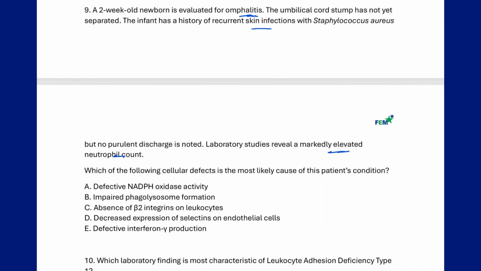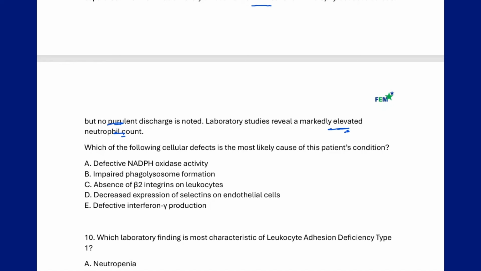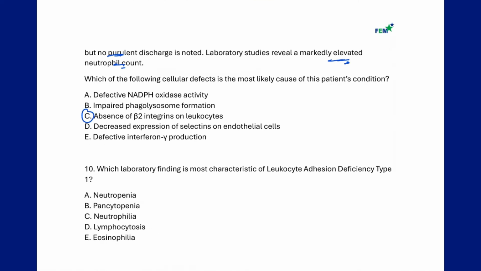So delayed separation of the umbilical cord or inflammation of the umbilical cord with recurrent staph infection. And we've seen there's no pus at the site of the infection, and we see a lot of increase in neutrophils in the circulation. So we see neutrophilia. So this is most likely a problem with integrin on the leukocyte. So the best answer there would be C. This patient likely has leukocyte adhesion deficiency.